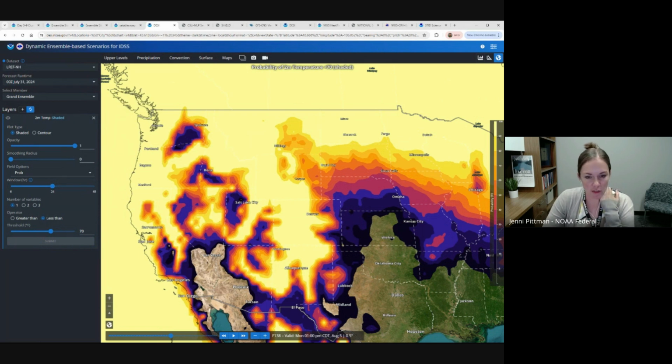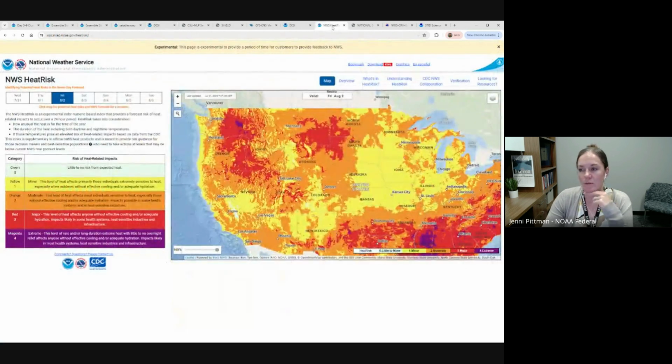So finally, we're going to look at how we can provide context to this. We've looked at the scenarios, we've looked at their predictability. Now let's provide some context and look at some of the other tools that are at our disposal. So we have heat risk, which is going to be looking at your max and min temperatures and how that compares to climatology, which is important because it can be different times of year.